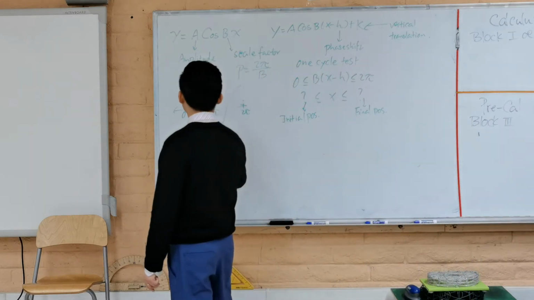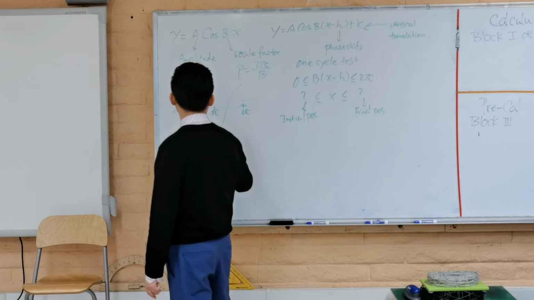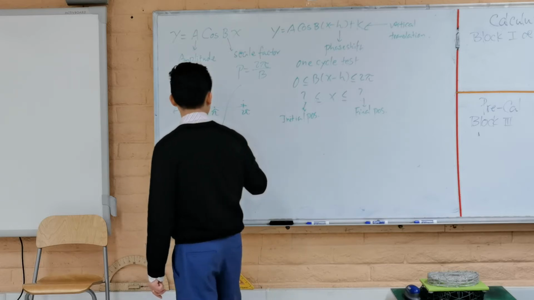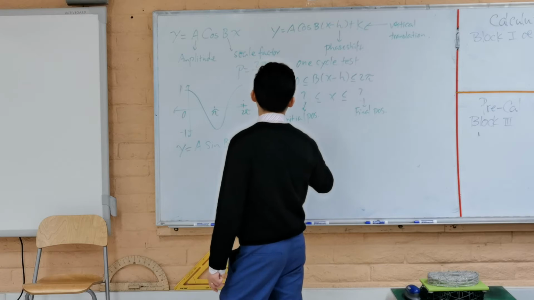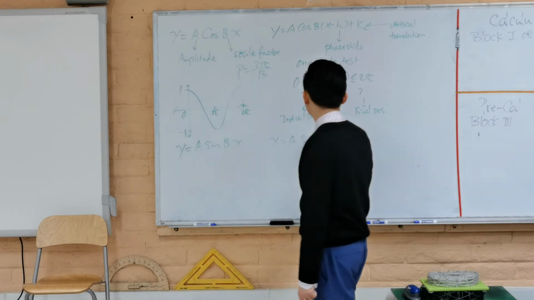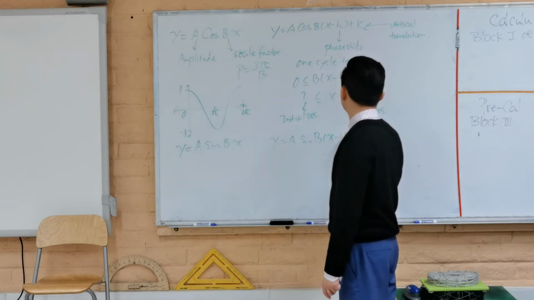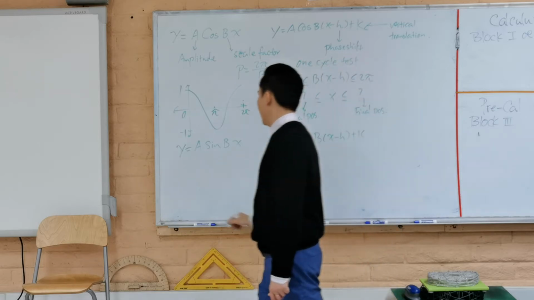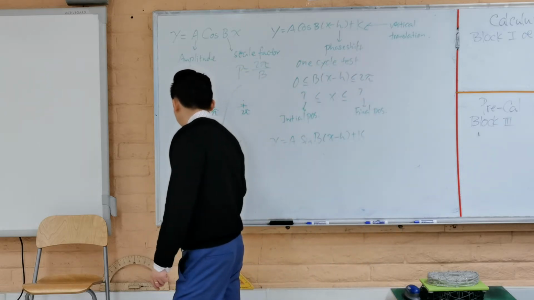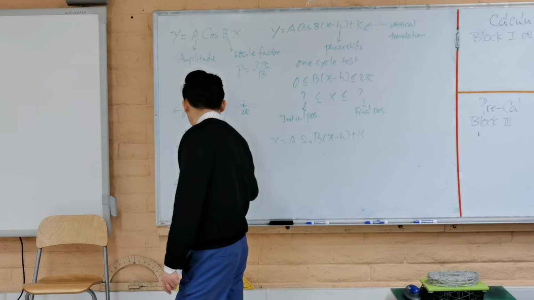And now for the next one, that'd be sine. Quite similar. Again, it's the similar structure. Instead of using cosine, we're just using sine. The parent graph of sine is considered a roller coaster.